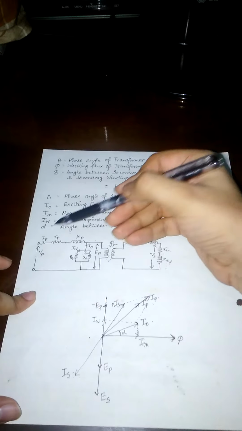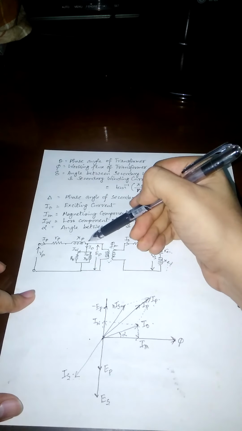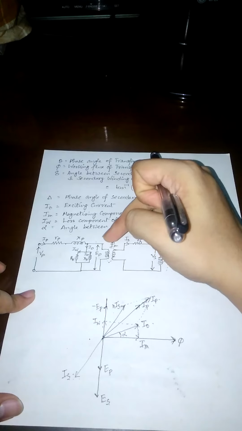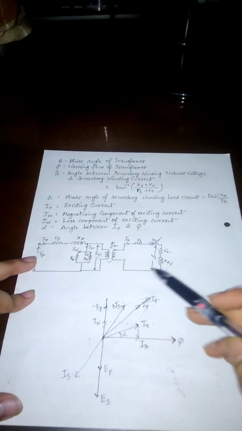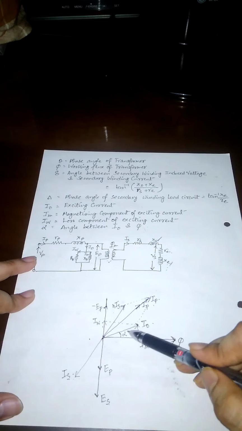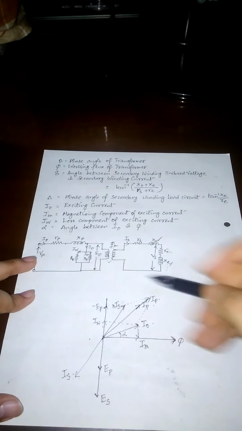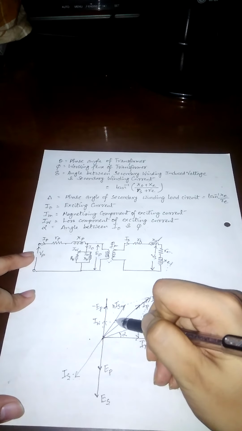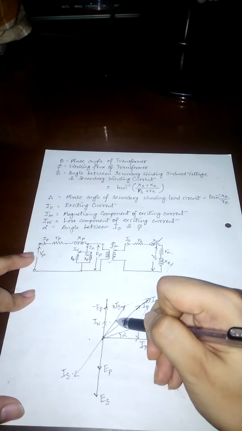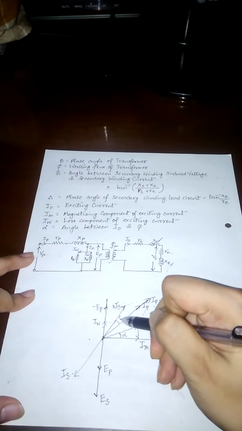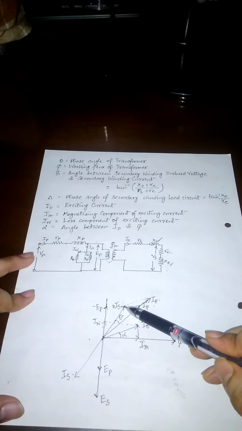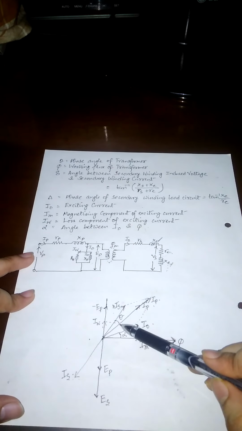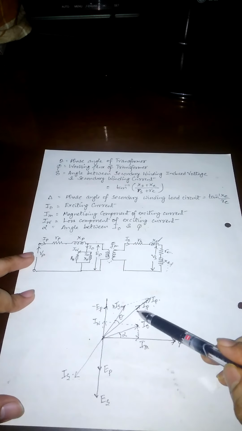From this diagram, the primary current IP is the main current comprising this I0, and obviously for this a secondary winding current IS is induced in the secondary winding. So from here we get this type of phasor. Now the phase angle between the reversed secondary current and the primary winding current is the phase angle of the transformer, theta.